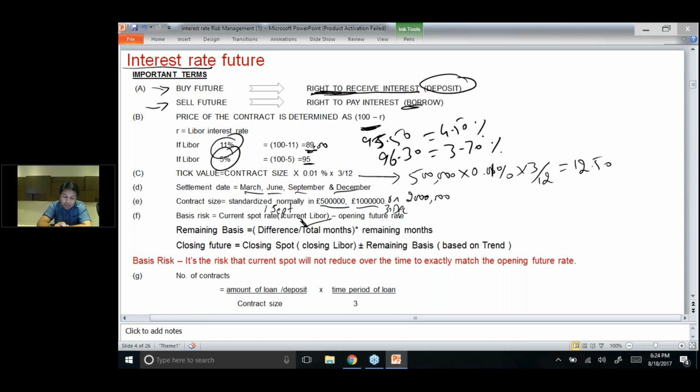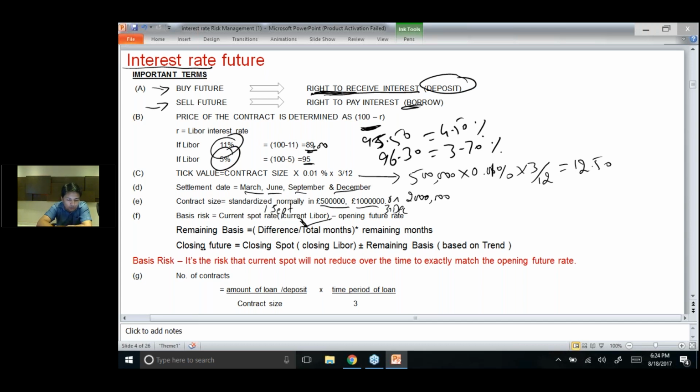Because the 3 months exactly before the 31st December is 30th September, so you have chosen December instead of September. So maximum the remaining months are 2 and minimum it can be 1. Normally the examiner gives the remaining time on a monthly basis.